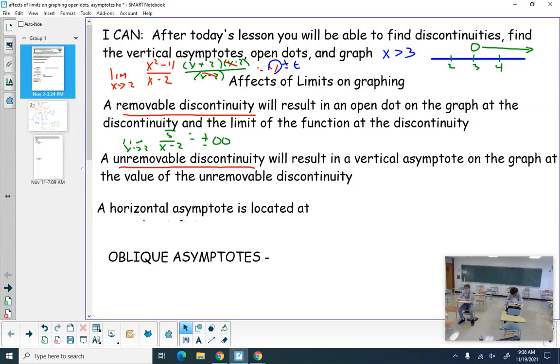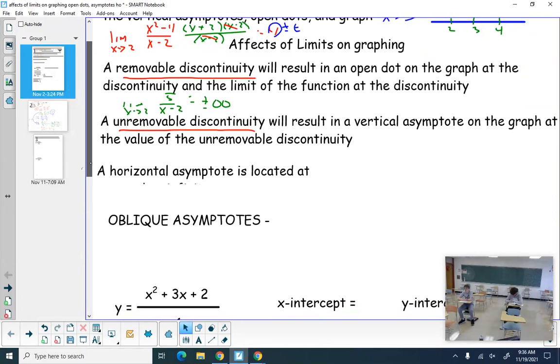Now the limits at infinity that we just talked about. What is occurring now with infinite limits?